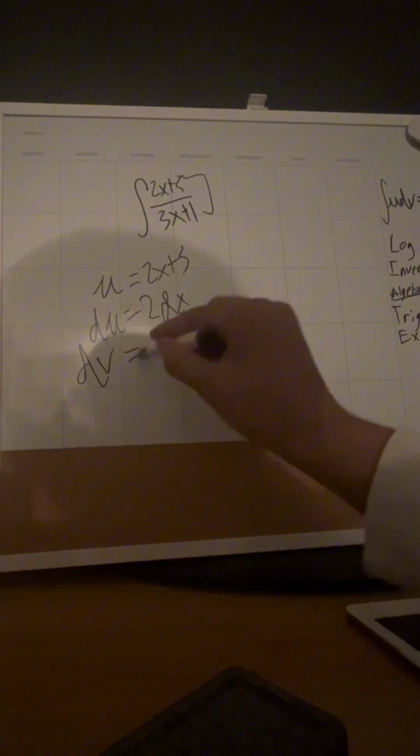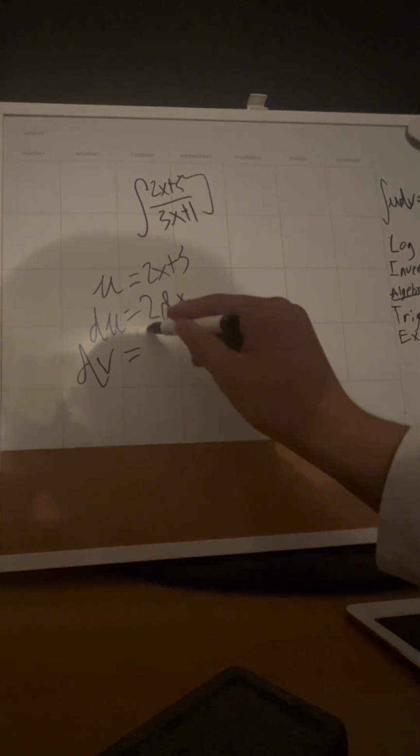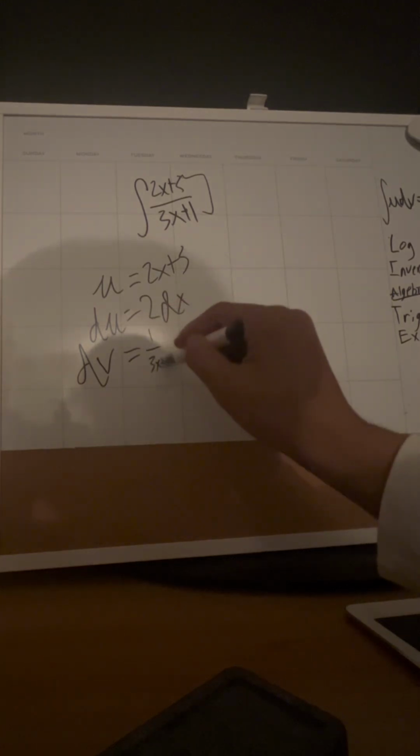That means du is equal to the derivative, so that'd be 2 dx. And then dv: u times dv, that would mean dv equals 1 over 3x plus 1 dx.